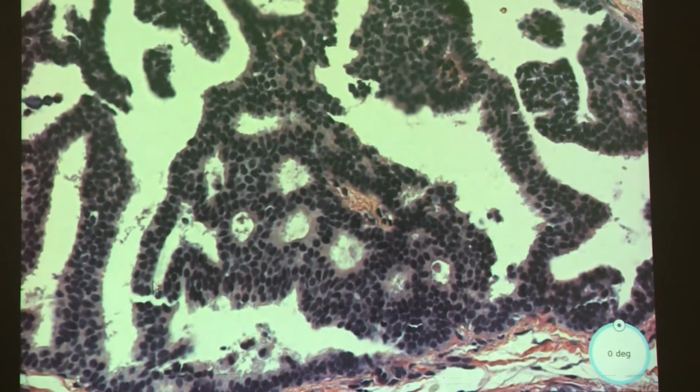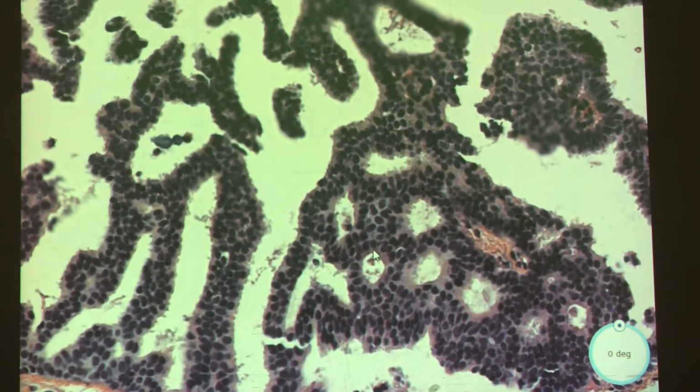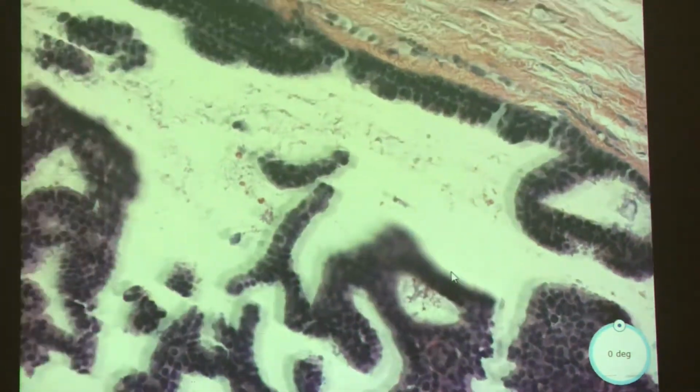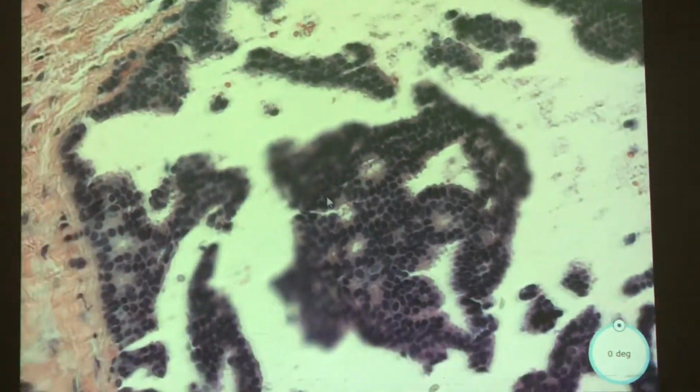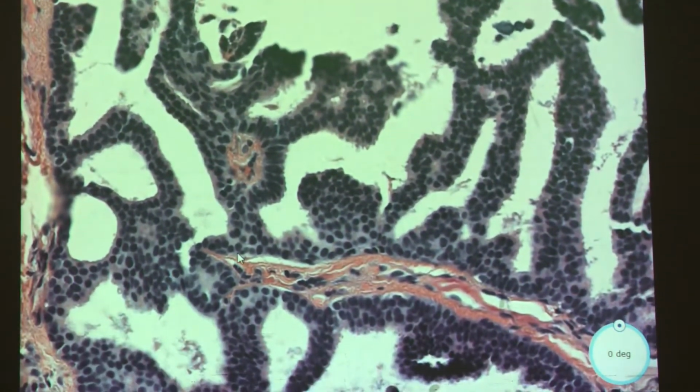So it's coming out, so this is not what a normal duct should look like. The cells look relatively spaced apart, and they're relatively uniform, not really seeing those prominent myoepithelial cells that stick out like a sore thumb. So I would say this is probably along the lines of ADH.